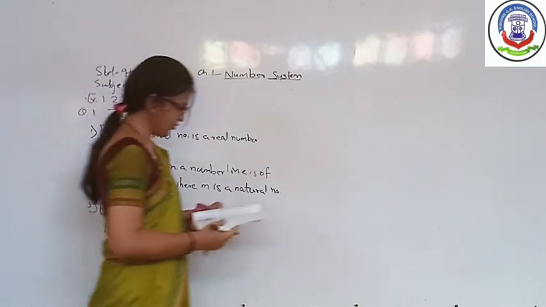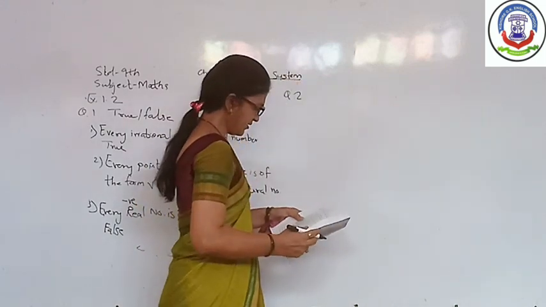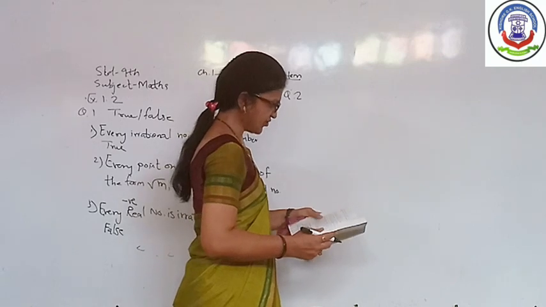Now exercise 1.2, question number 2. Are the square roots of all positive integers irrational?